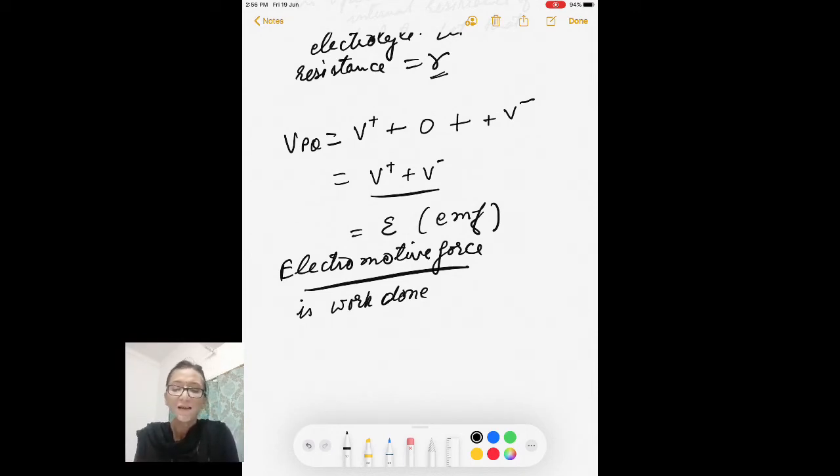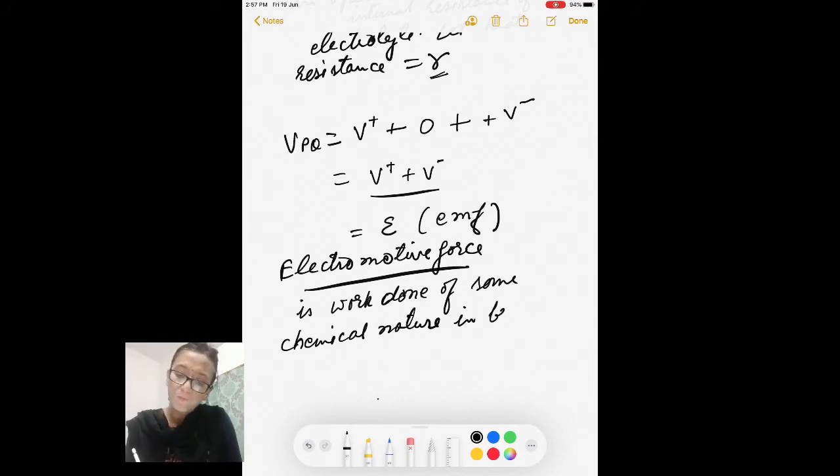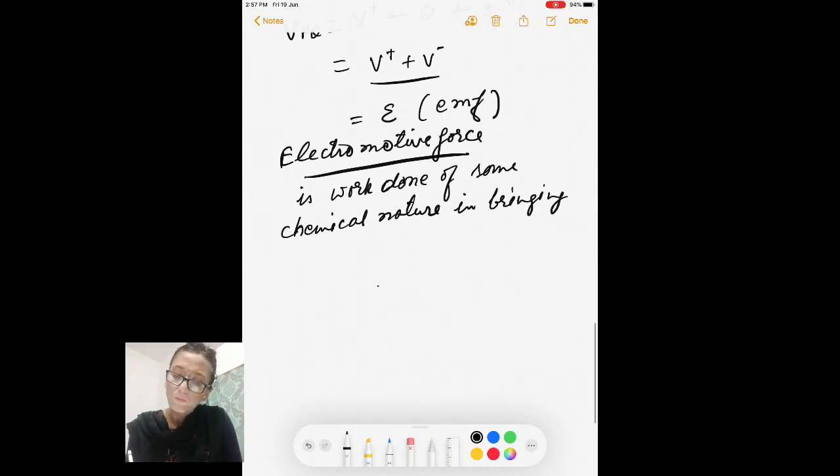It is work done by a chemical source, work done of some chemical nature, in bringing unit charge from one electrode to another electrode, from negative electrode to positive electrode.